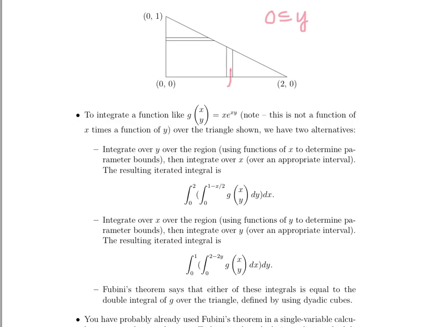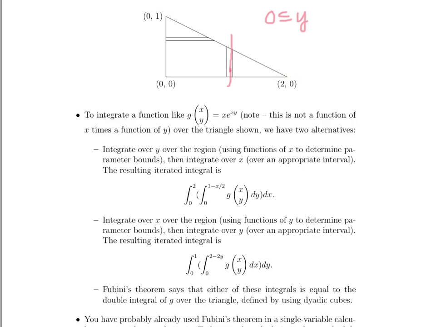Now, as we continue our travels in our y-wardly direction, we exit the region through this diagonal line up here. And we need to figure out how to express that line in terms of as many variables as we like. We can't use y, but x is up for grabs. And so, of course, if we take a look at what two points are involved here, we have (0, 1) here and (2, 0) here.